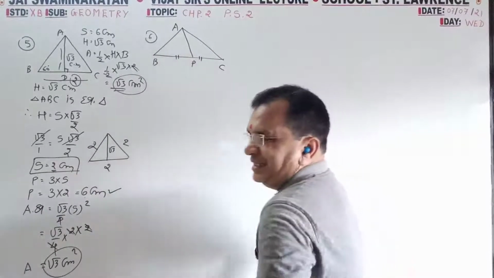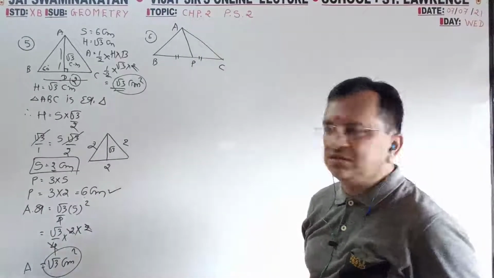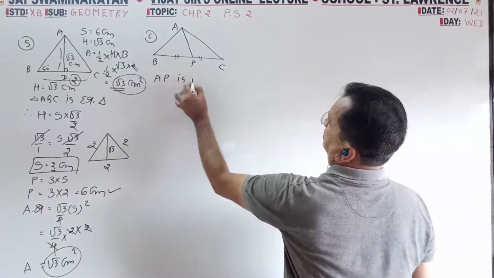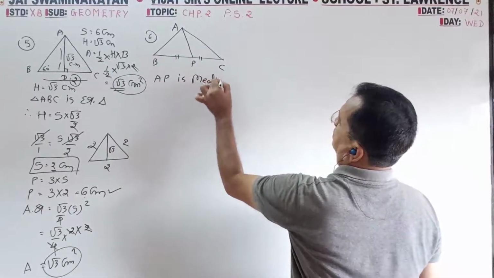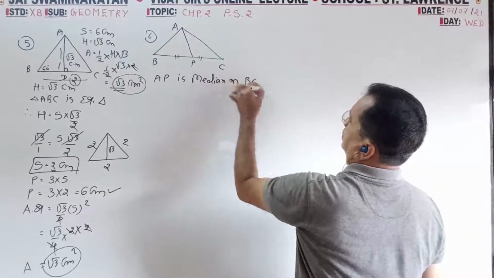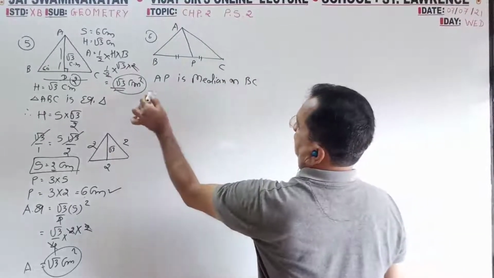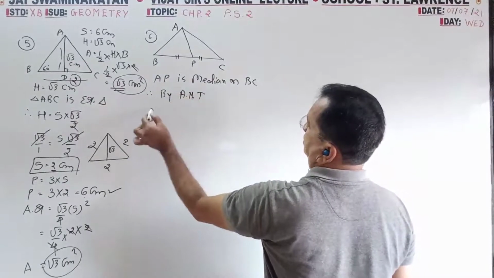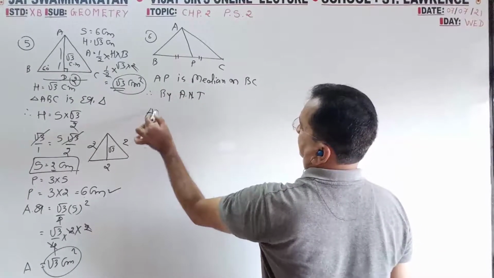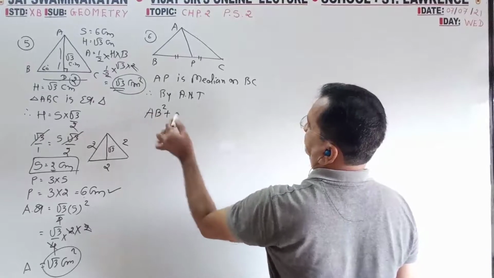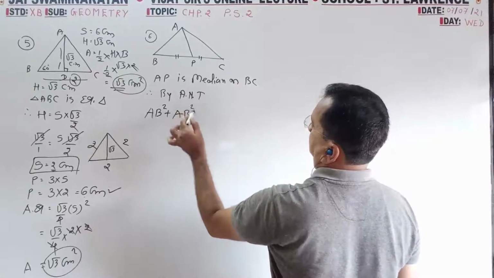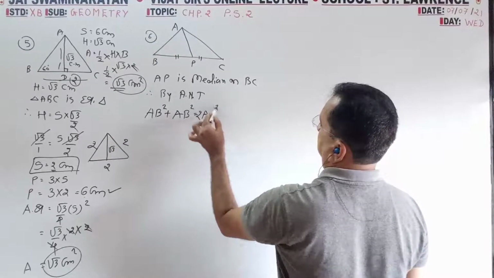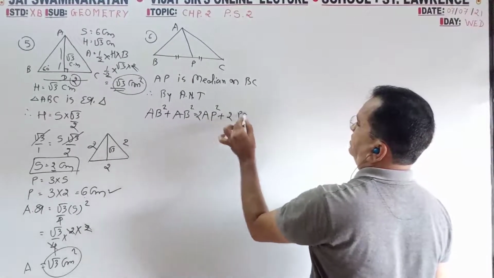So AP is the median on BC in triangle ABC. Therefore, by Apollonius theorem, left square, right square is equal to 2 of AP square plus 2 of PB square.